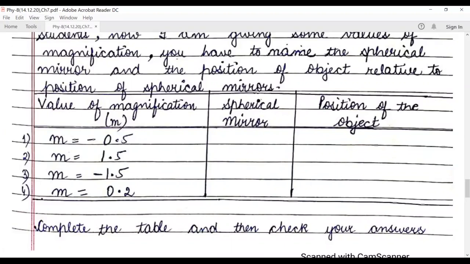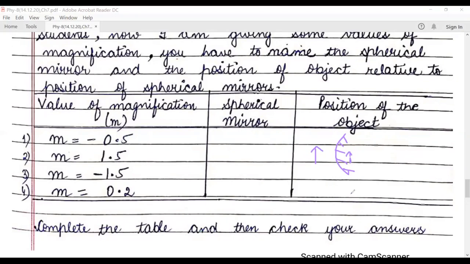Now, students, let us understand how we have done this question, how we have to apply the concept studied last week in this question. Now, in case of a convex mirror, we were having only one case: wherever the object is placed, the image formed is virtual and diminished.